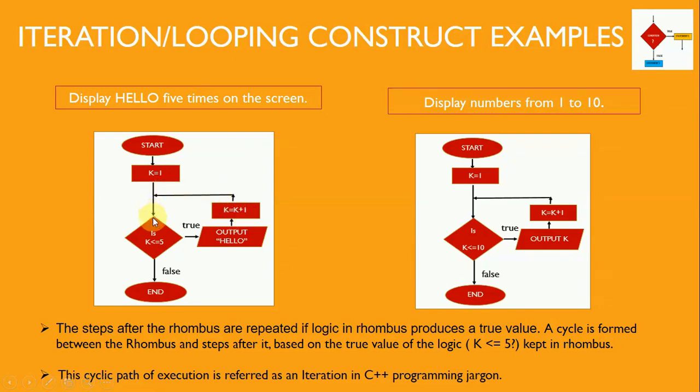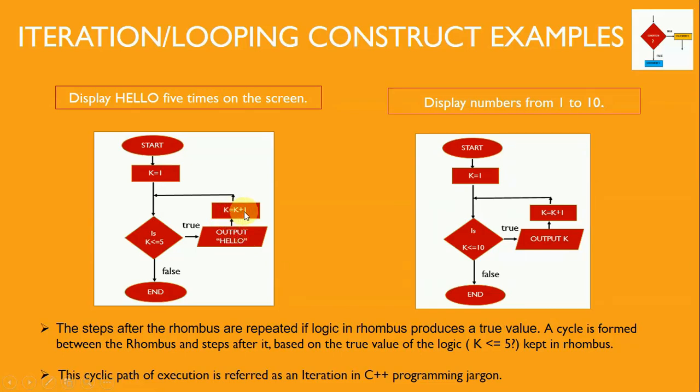You can see here, it will again check whether 4 is less than or equal to 5 or not. Yes, it is true. So it will display hello, and then again it will move up. As k was 4 earlier, it will become 5, and it will again move like this, and again check, 5 is equal to 5. It is not less, but it is equal to 5, so again the condition is true. It will display hello, and then it will move up.